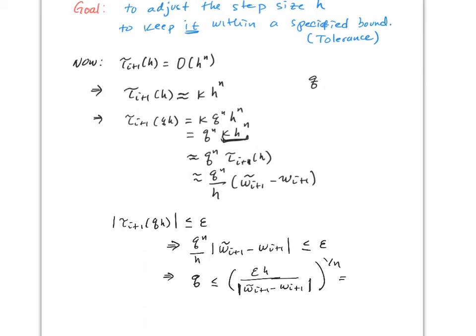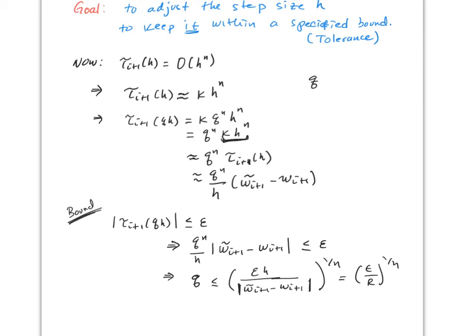And this could be written, it's not really necessary, as this, where we already defined R before to be the absolute value of this over h. So therefore this is going to be the bound or rule we're going to use to choose the value of h at each step.